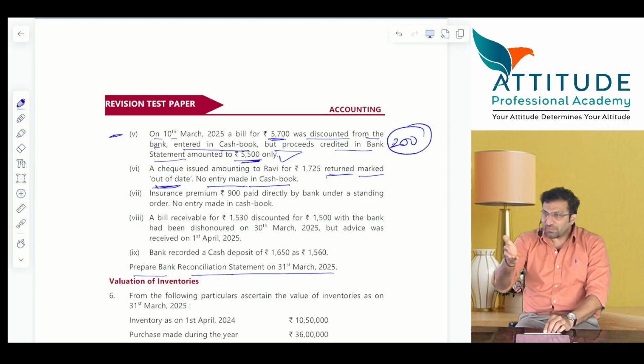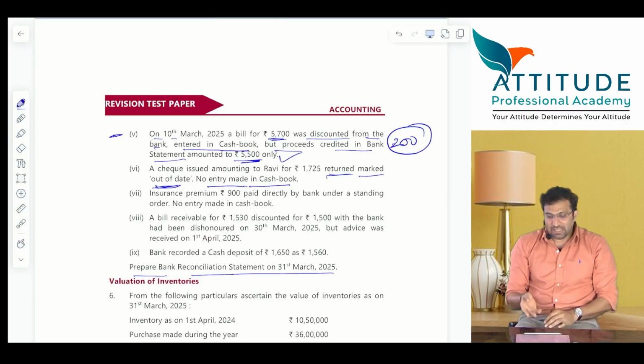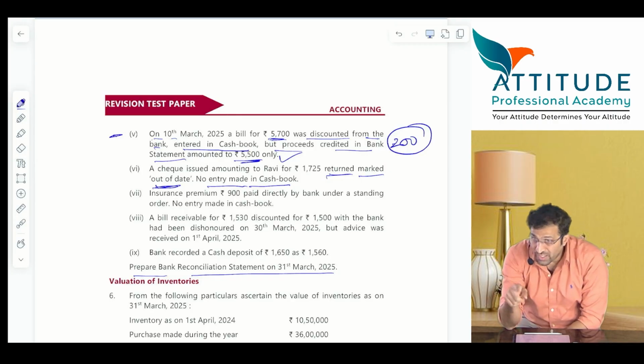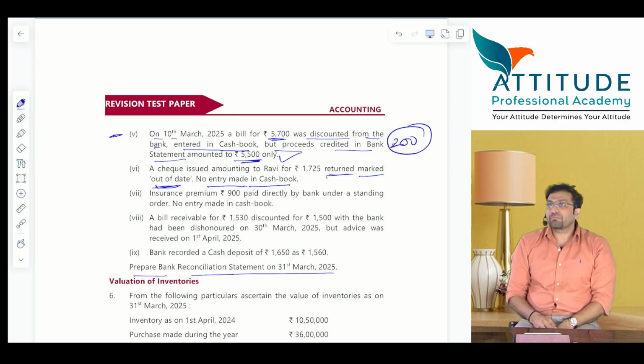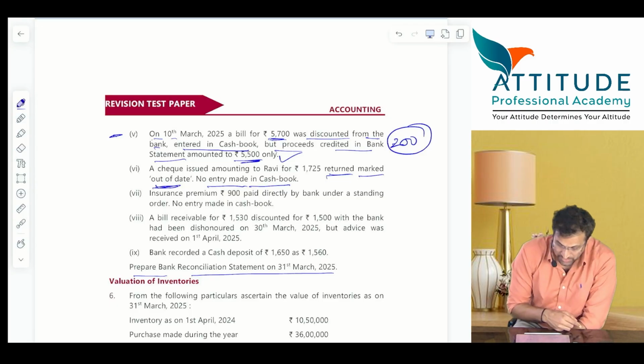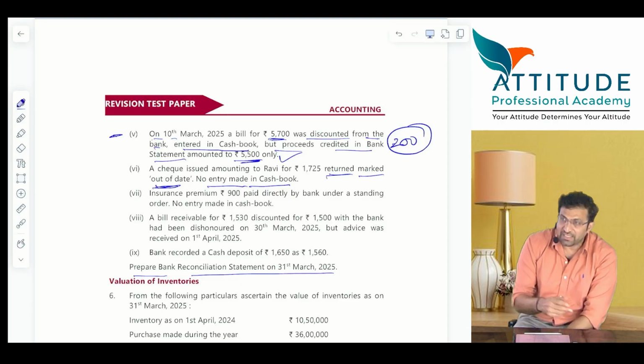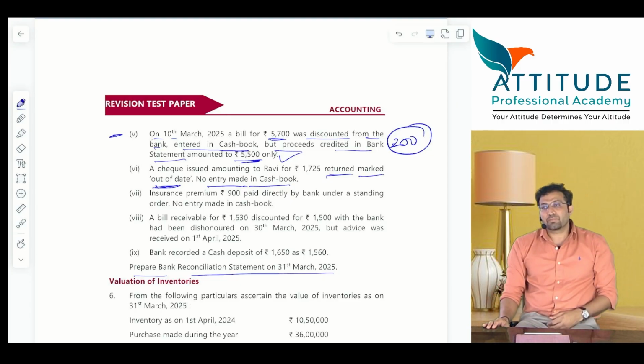Means check is not within the date here. I once again repeat, a check issued amounting to Ravi. Now, are you Ravi? No, you are mother. You are issuing a check to, let us say I am Ravi. क्या है? देखो इधर. A check issued amounting to Ravi 1725, return marked out of date, no entry made in cash book. Careful, you tell me.